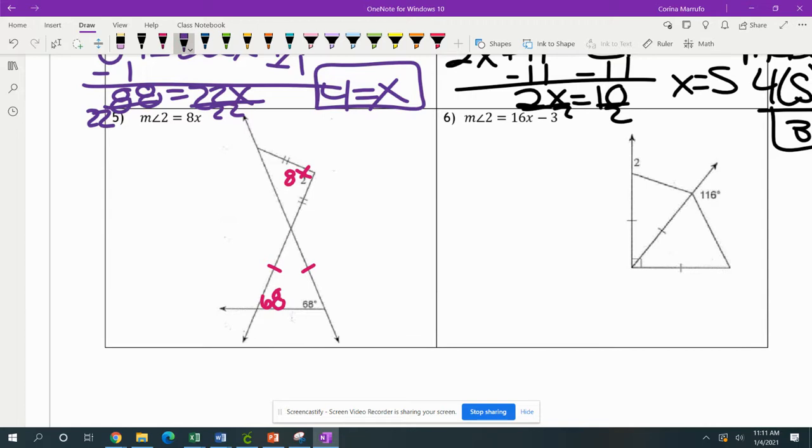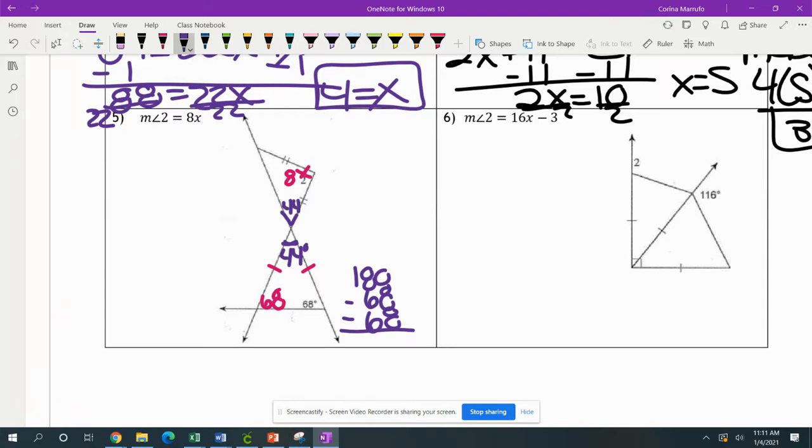So to find this missing angle right here, we're going to do 180 minus the 68 minus the 68. And that gives us, let me see, 44. Okay, so that means this angle is 44, which would transfer over here because they're vertical angles.